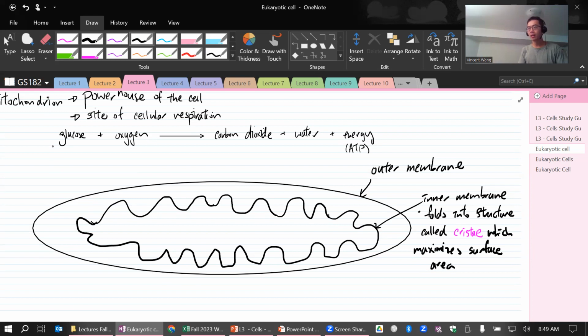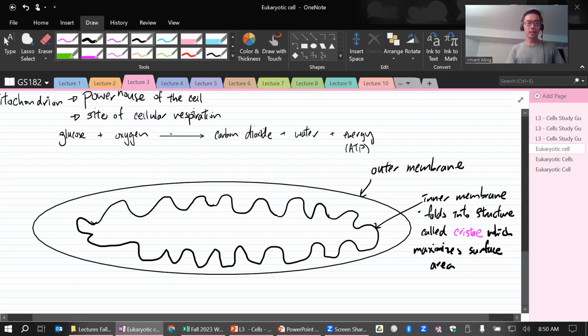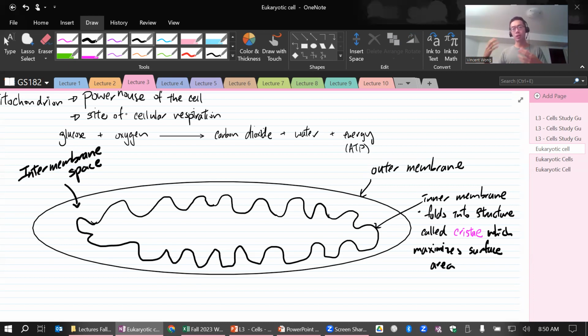Any questions? The space between the outer membrane and the inner membrane is called the intermembrane space. Understanding the structure of the mitochondria is going to be important for lecture 5. When we learn the cellular respiration process, we need to know the different parts of the mitochondria so that we know what goes where.